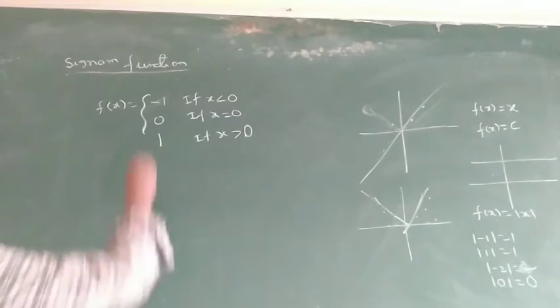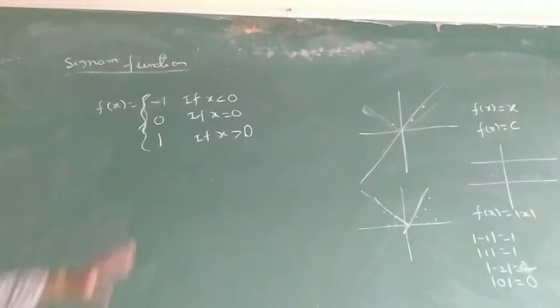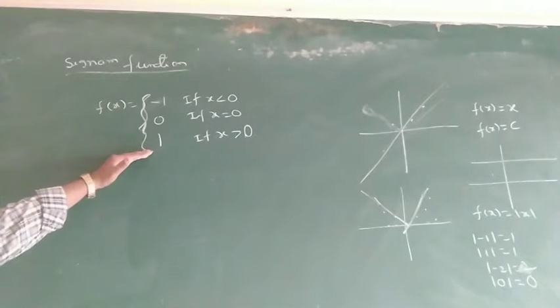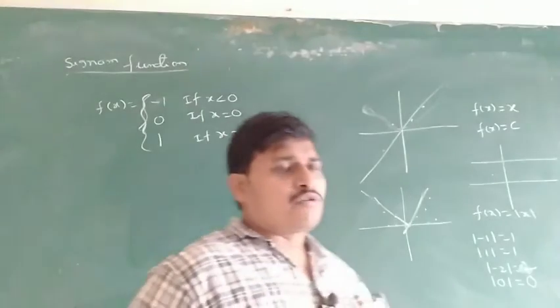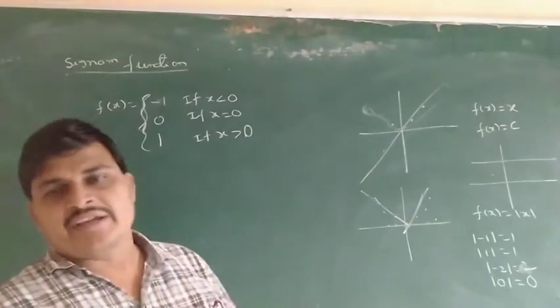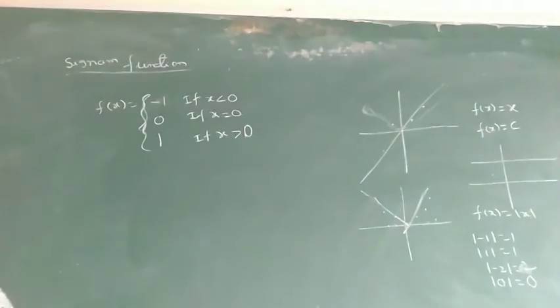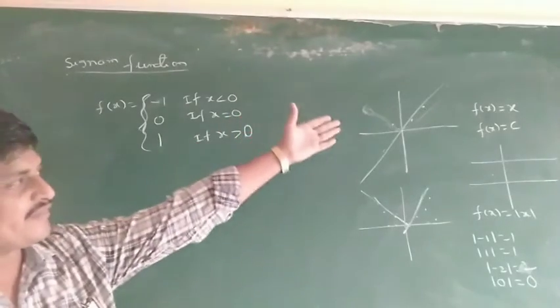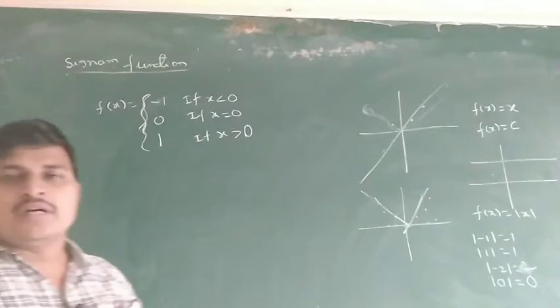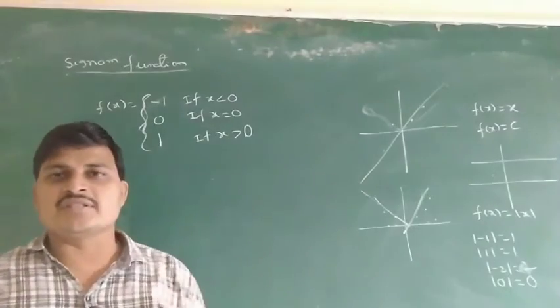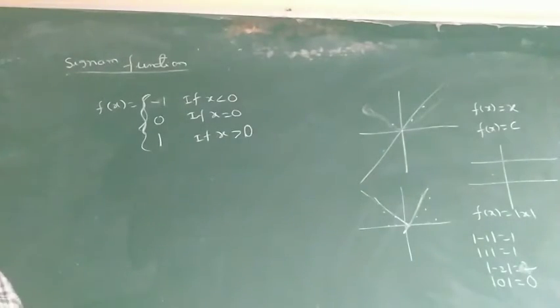This is the function definition. This is an important function. The remaining: define a relation f from R to R by f of x is equal to mod x, identity function, constant function, signum function, and domain and range. This is 3 marks, graph is 2 marks. This is simple.